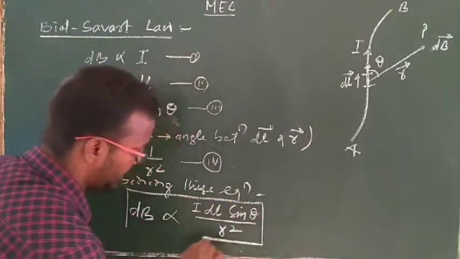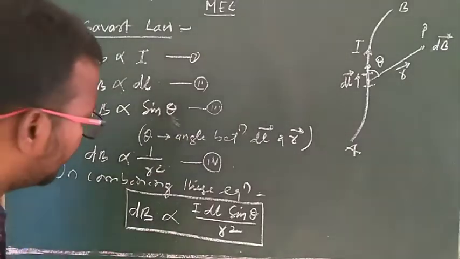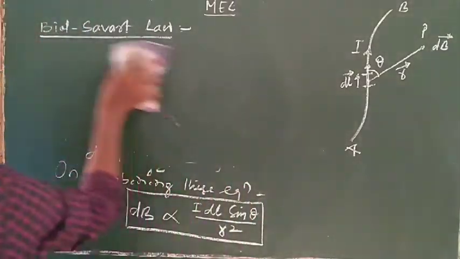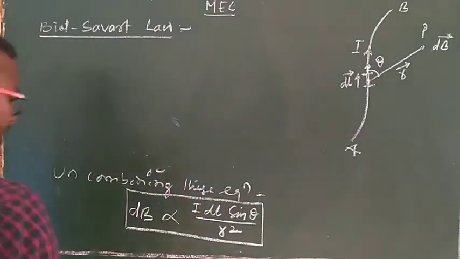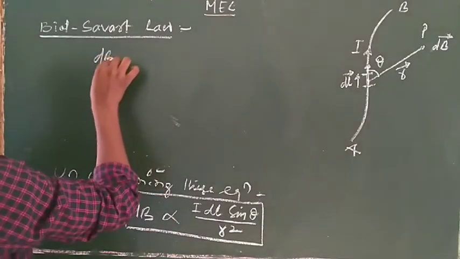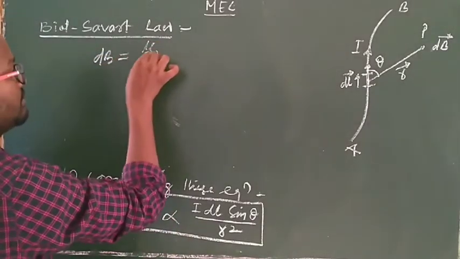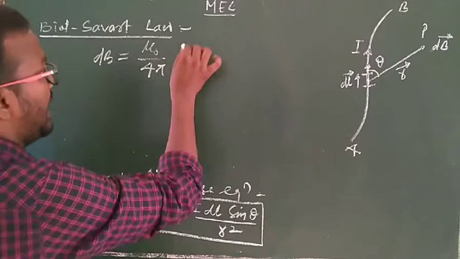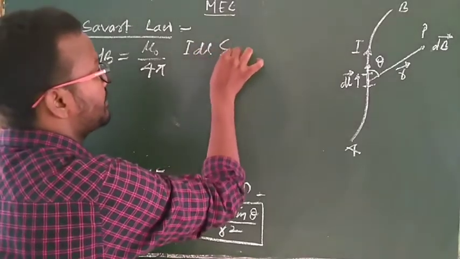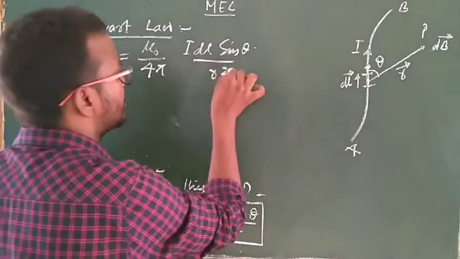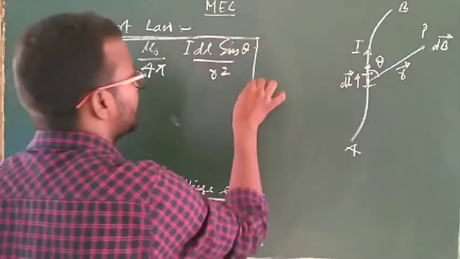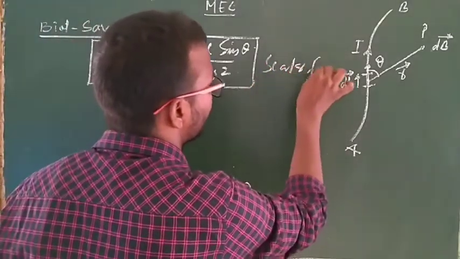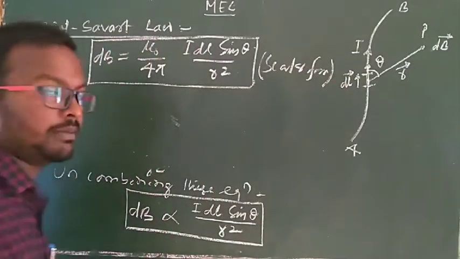This is the mathematical expression of Biot Savart law. Clear? If we remove the proportionality, the equation turns into dB equal to a constant mu naught by 4 pi, times I dl sin theta by r square. This expression is called Biot Savart law, and this is the scalar form of Biot Savart law. Clear?